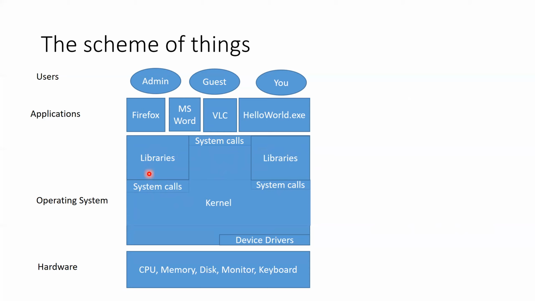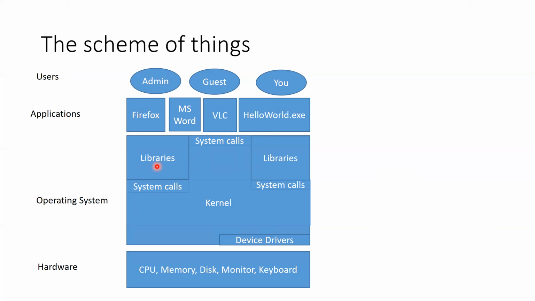Just like in our previous example, we had that print command that printed hello world on the screen. Now print is a library function, but it's a library function that is a wrapper around, or that internally uses, the operating system call called write, W-R-I-T-E.